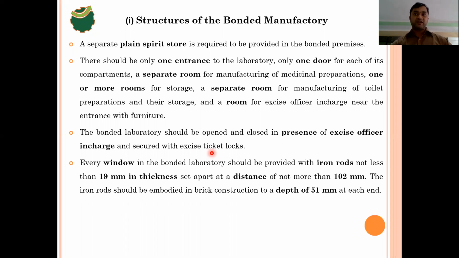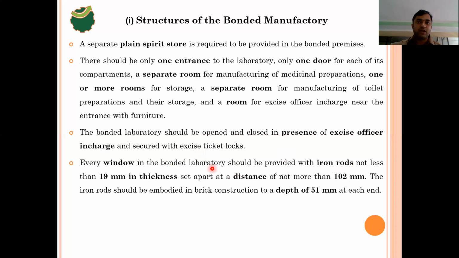And coming to the description, the sizes of the windows, doors and distances should be kept as per the norms. Every window shall be provided with 19 mm thickness iron rods.